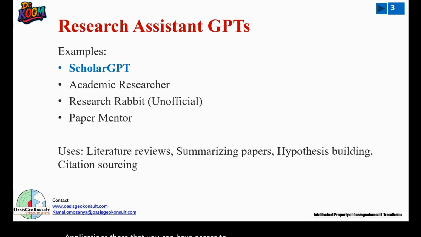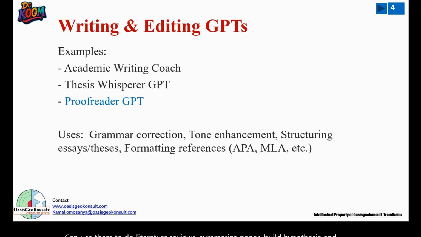Examples of research assistant GPTs are Scholar GPT, Academic Researcher, Research Rabbit, Paper Mentor. You can use them to do literature reviews, summarize papers, build hypotheses, and source for papers or references. You can use other ones for writing. Examples of that are Academic Writing Coach, Thesis Whisperer GPT, Proofreader GPT.